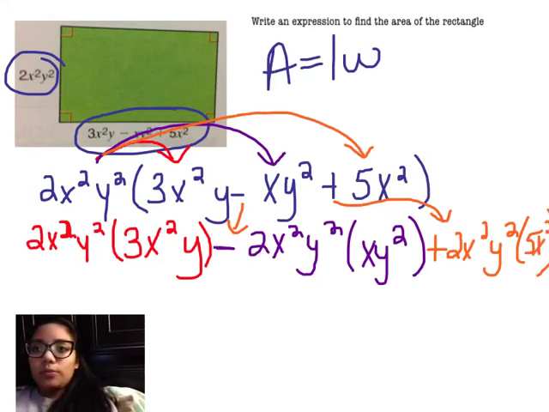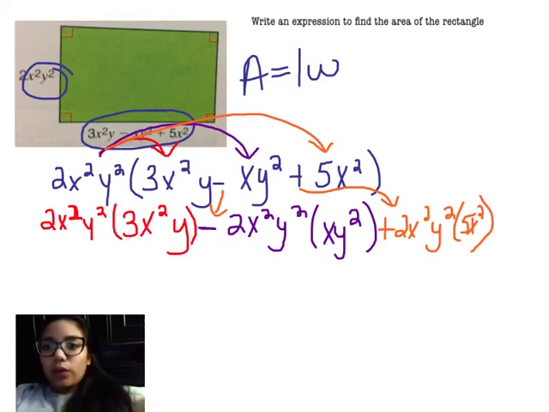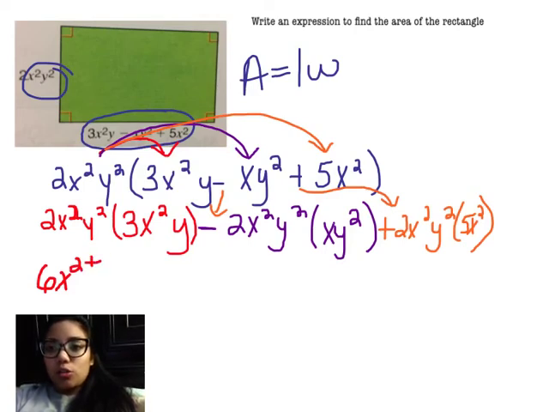So now I'm going to simplify. I have to multiply my coefficients that are all in red. So 2 times 3 is 6. And then I have x squared, 2 plus 2, because I have another 2 here.